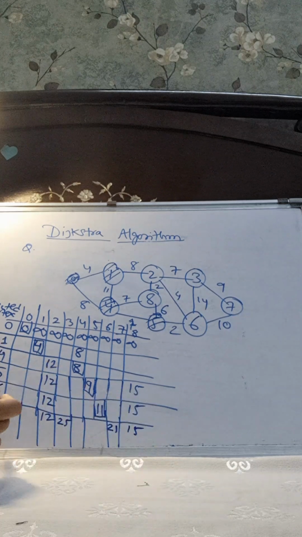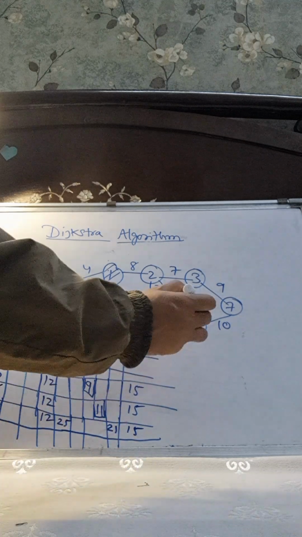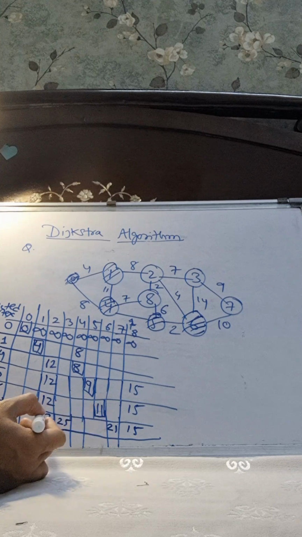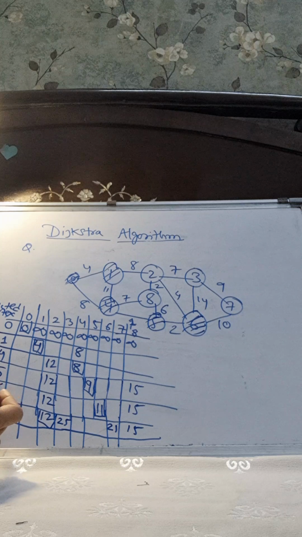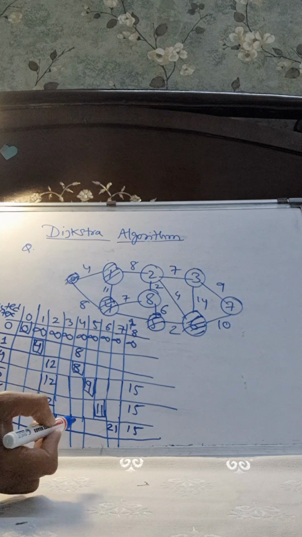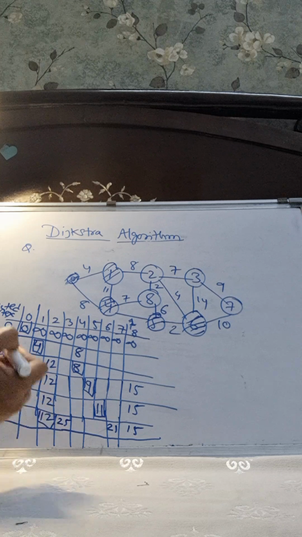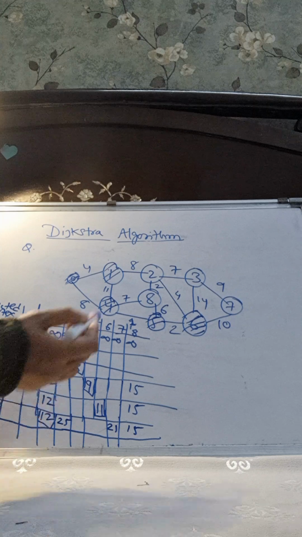Out of these 4, which vertex will be visited next after visiting 6? Which one has the least cost? Vertex number 2. So 2 will be taken as the next vertex. From 2, we can see what new cost we can reach.